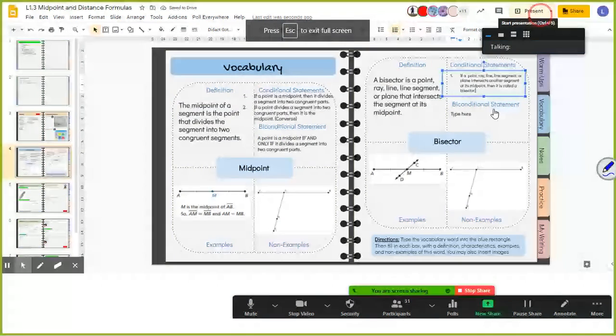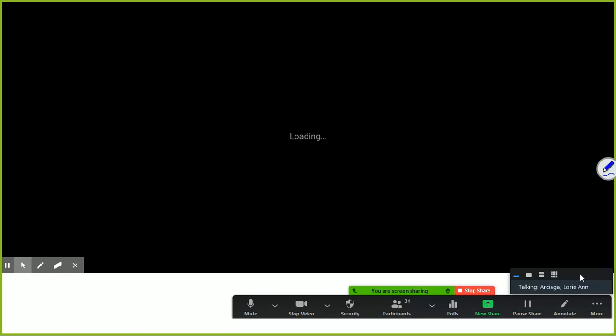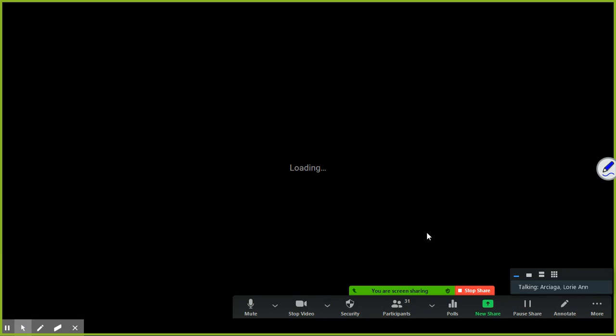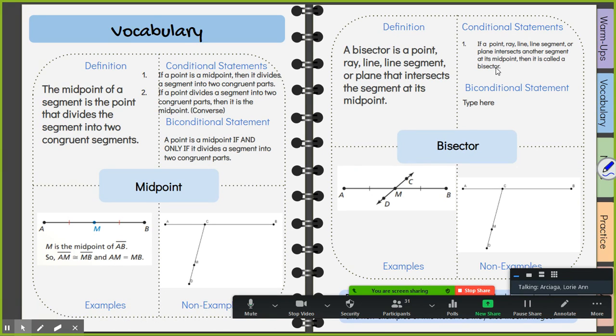Let's see if I can make this bigger. I'm not sure if I can type while in 15% mode. All right, if a point, ray, or line segment intersects another segment at its midpoint, then it's called a bisector.